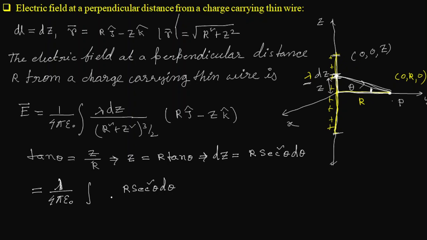Then we have r square plus z square whole to the power 3 by 2, and here we have r j cap minus z, so z we replace by r tan theta k cap.